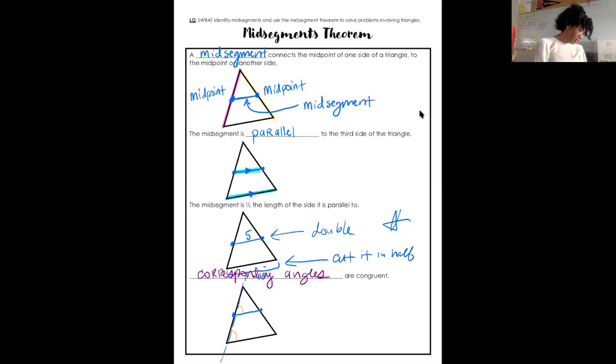Or you could think of this side here as a transversal, and in that case, these 2 angles here would be corresponding angles. But in any case, they're congruent. So if this angle measures 31 degrees, this one has to also be 31 degrees, okay? If the beige one measured 45 degrees, this other one has to also be 45 degrees, okay?